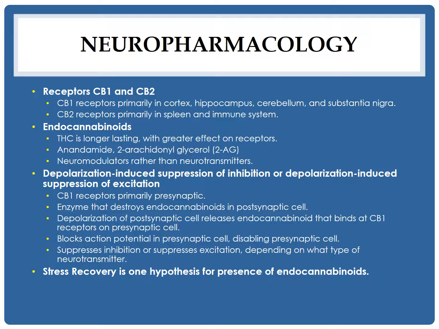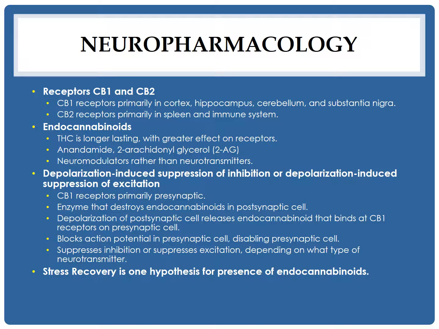So depending on what type of neuron the presynaptic cell is, whether it produces, say, GABA or an inhibitory neurotransmitter or an excitatory neurotransmitter, a cannabinoid, in fact, can cause either depolarization-induced suppression of inhibition or depolarization-induced suppression of excitation.